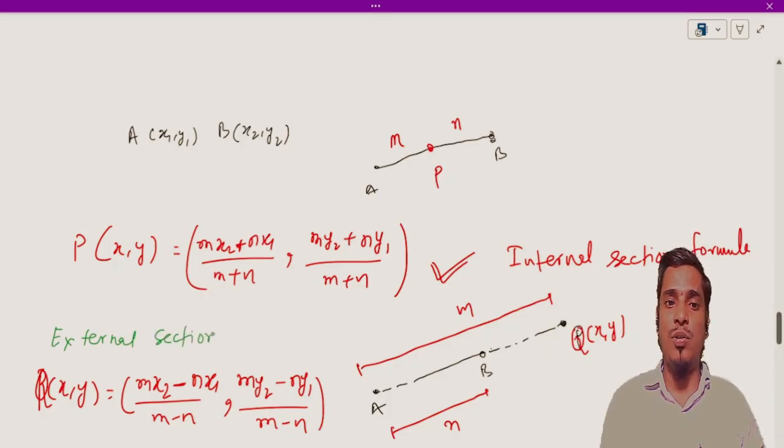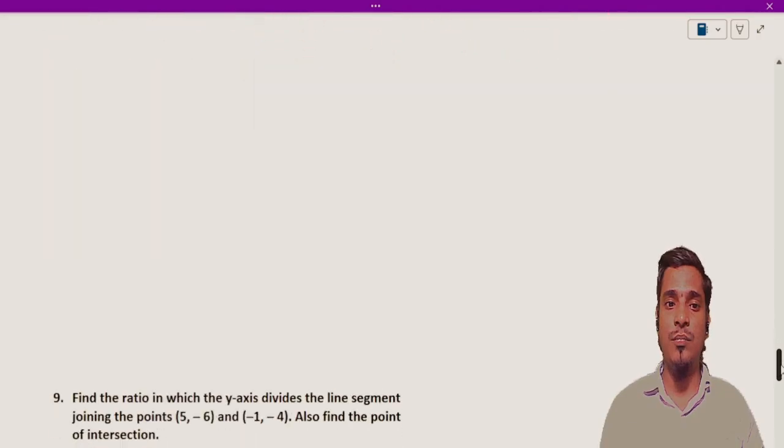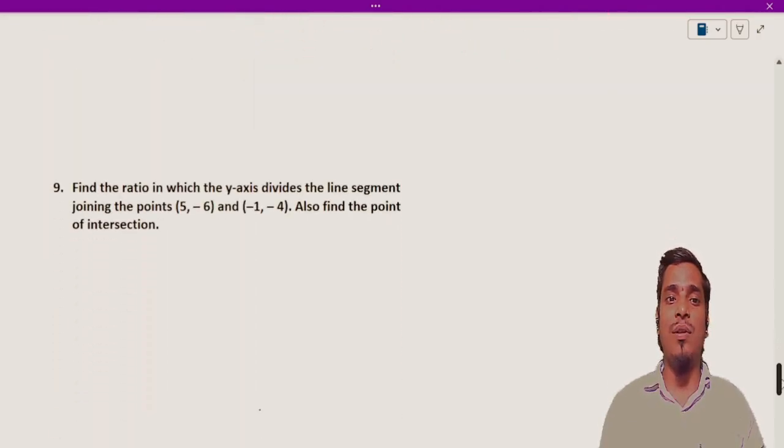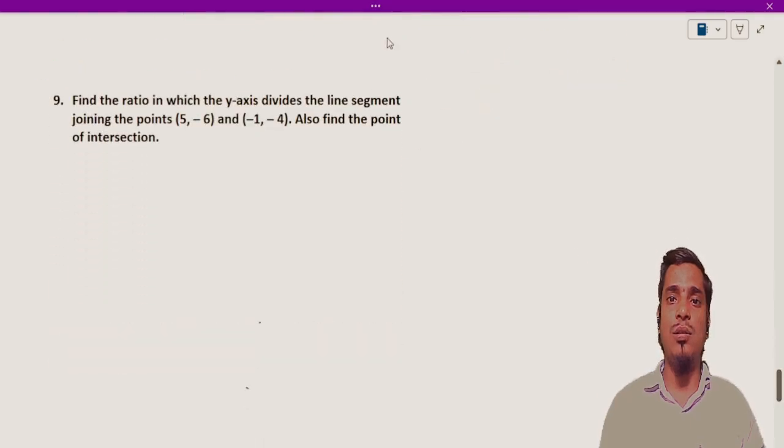Now let's move on to solve a couple of problems based on the internal section formula, and then we'll move to the midpoint formula. Over here we have this question. We need to find the ratio in which the y-axis divides the line segment joining these two points, and also find the point of intersection.